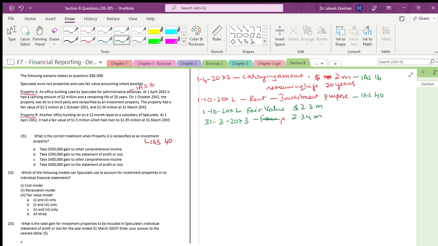Is it right? Dates are very important. Here we have 6 months, and again here we have another 6 months in between.